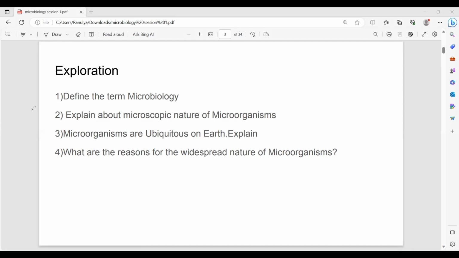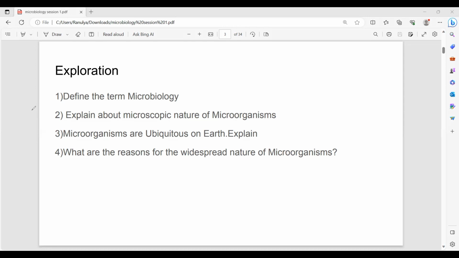Question number 2. Explain about microscopic nature of microorganisms. You can write down the resolution power of human eye is 0.1 millimeter. In general, microorganisms are smaller than 0.1 millimeter in size. Therefore, we cannot observe microorganisms with naked eye or unaided eye.